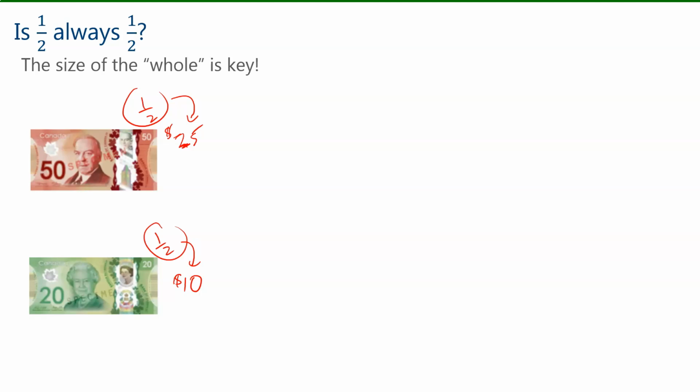If you had a choice of which half you would prefer, I would be shocked if you said you would prefer $10, because we know that $25 is over twice as much. So I would expect you to say, I would like to have the 25. So you would prefer half of the 50. Here, the 50, that whole, is bigger than the 20.